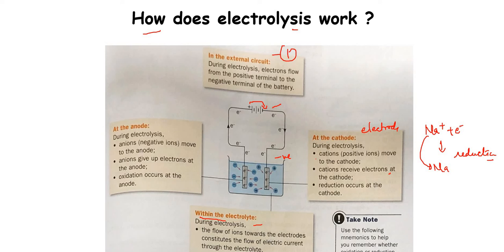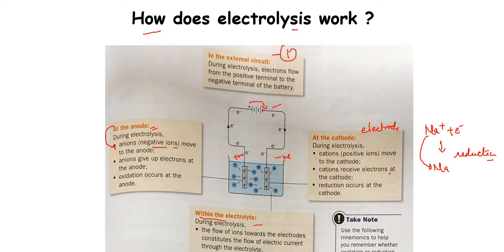Now what happens at the anode, which is the positive electrode here? Why positive? Because electrons are going away, so it has fewer electrons. So it will pull the anions, which are the negative ions. Anion and anode are very similar words, so always remember them in terms of terminology.